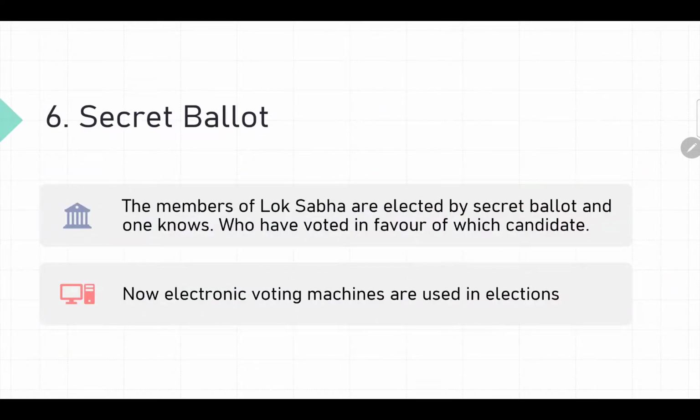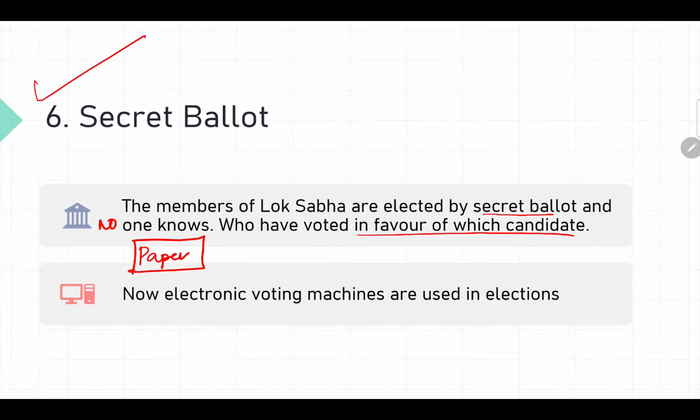Okay, so secret ballot, with the word secret ballot, you know what it is. The members of Lok Sabha are elected by the secret ballot system, and no one knows who has voted in favor of which candidate. Not a single person can know about whom he or she has cast their vote. Previously people used to write their preferences on paper and submit it to the election commission.